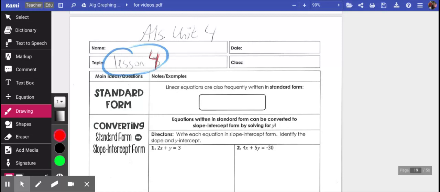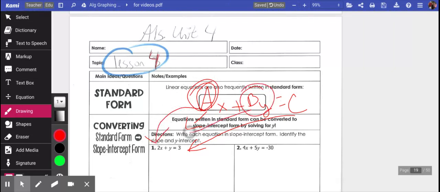Standard form is ax plus by equals c, where, if you look down here at this one, c is your constant. A represents whatever number is in front of your x, and then by is your y, and b is whatever number is in front of it, and in this case it would be a 1.